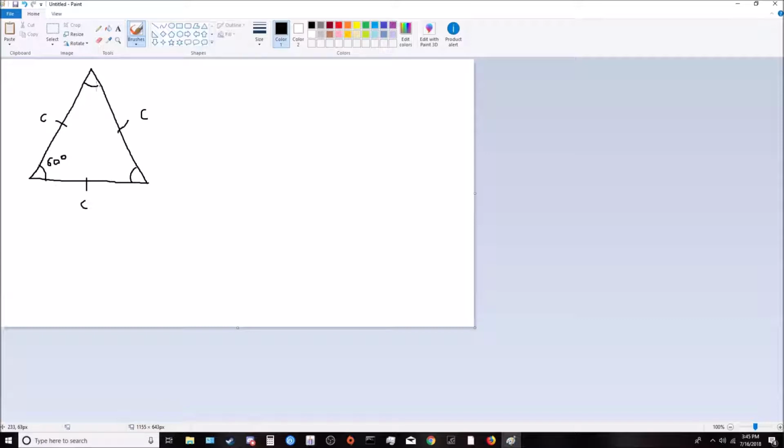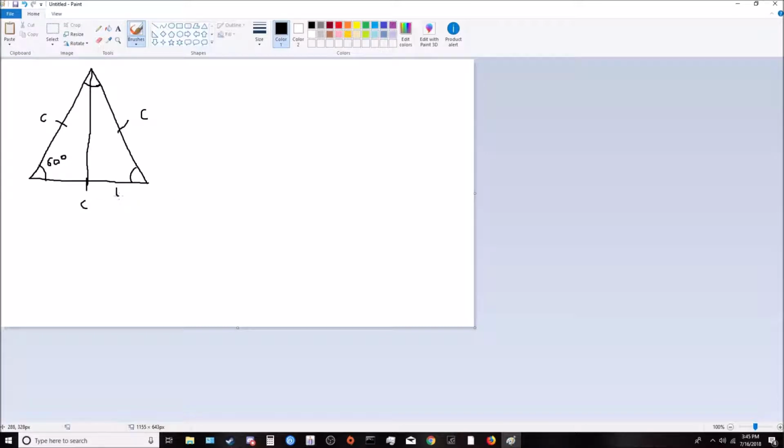Now what you're going to do is draw a line from this top point all the way down to the bottom side such that it bisects it. Now you have side C divided into two sides equal to 1/2 length C.